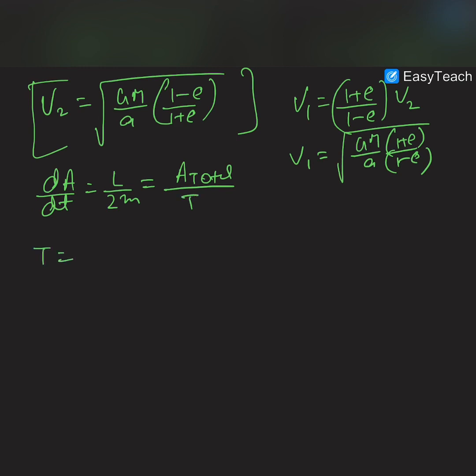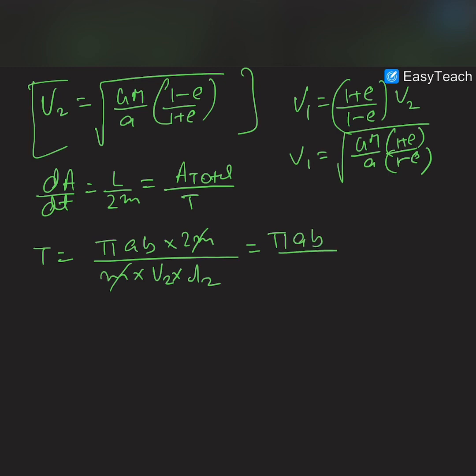So time period will be equal to total area covered, which is pi ab, because the area of an ellipse is pi ab, into 2m divided by angular momentum, which is m into v2 into r2. So you can see that this m is cancelled out, and this is pi ab divided by v2 r2.